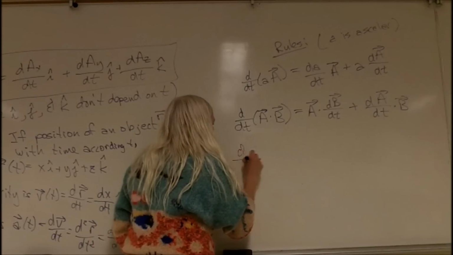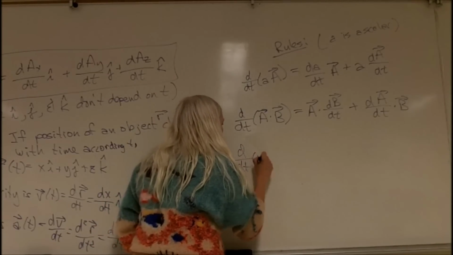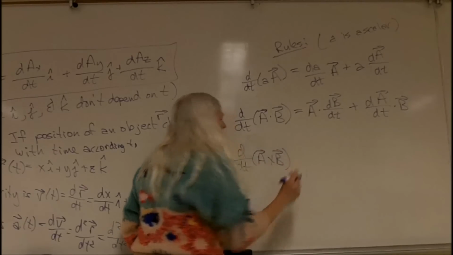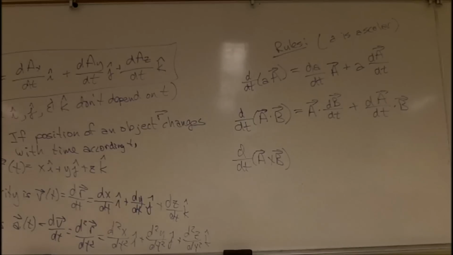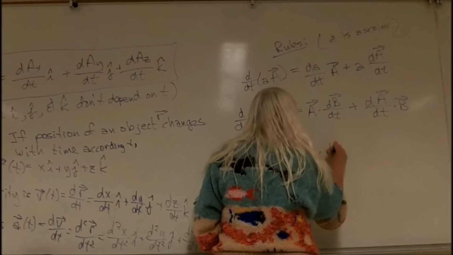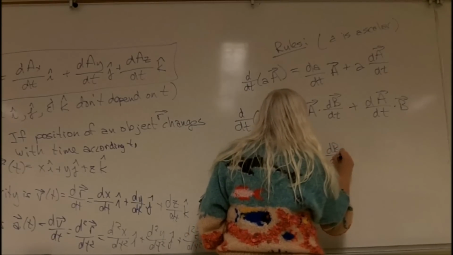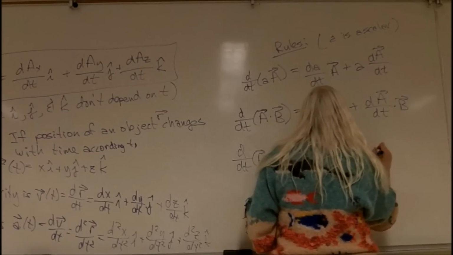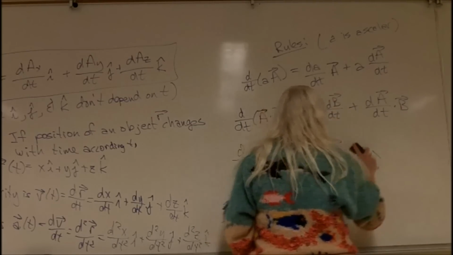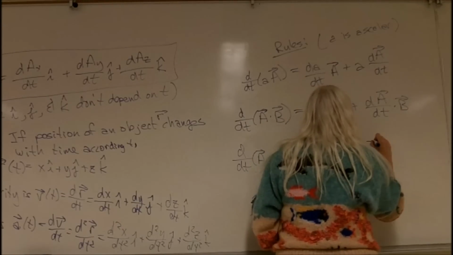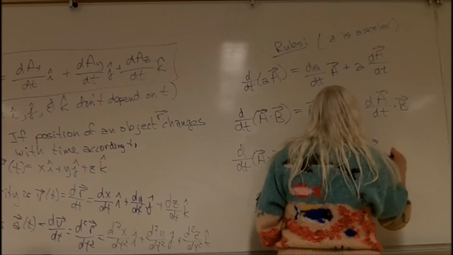There's a similar product rule for a cross product also. Again, if a and b are both functions of t, and I want to differentiate the cross product of a and b with respect to time, this is a cross dB/dt plus dA/dt crossed into b.